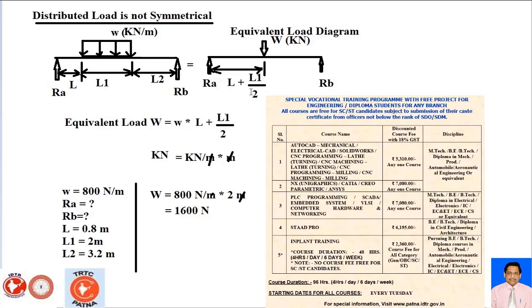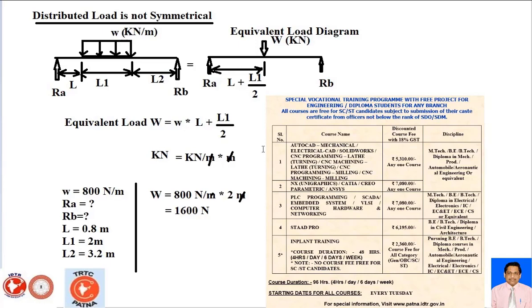So now come to the equivalent load of W. It will be equal to 800 Newton multiplied by your 2 meters, and this Y I will write down here, the 2 meters. So basically you divide by this multiple.